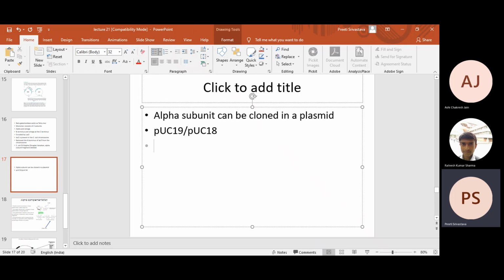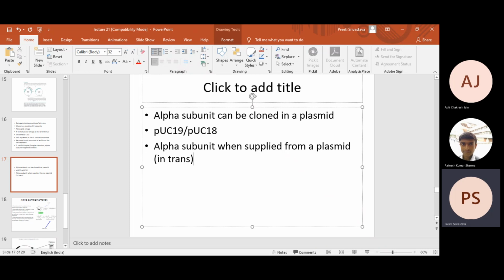Now what happens is that this alpha subunit is supplied from a plasmid. Any gene or any enzyme produced from a plasmid, when it complements with E. coli, I mean with the chromosome, is called in trans, right?